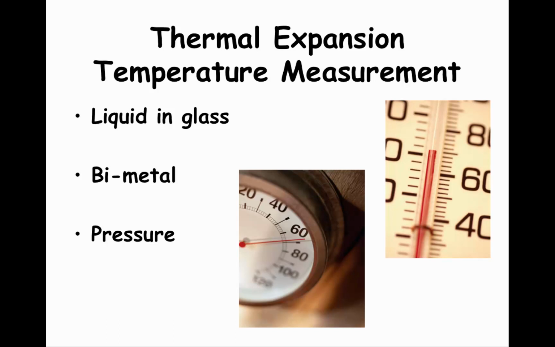Again, they are simple rugged devices but are not very accurate. Pressure-based temperature sensors are based on the ideal gas law, where the temperature change produces a pressure change that is used to indicate temperature. I just want you to be aware that these types of sensors exist.